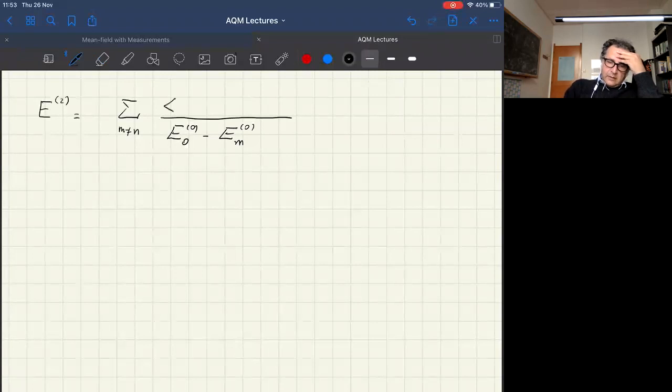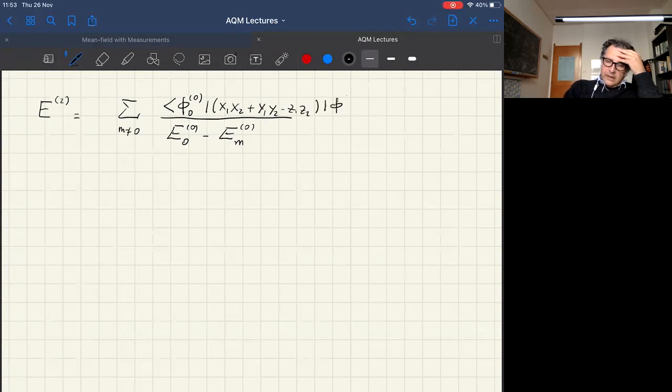And then we have phi 0 of, let me write it correctly, 0, 0. And then I have the interaction, which is x1, x2 plus y1, y2 minus z1, z2.